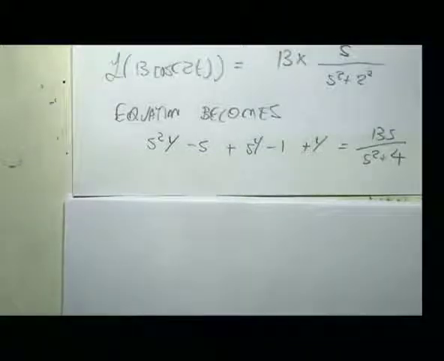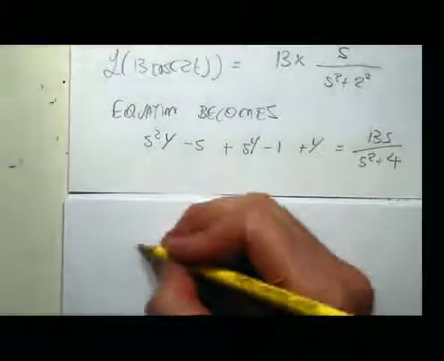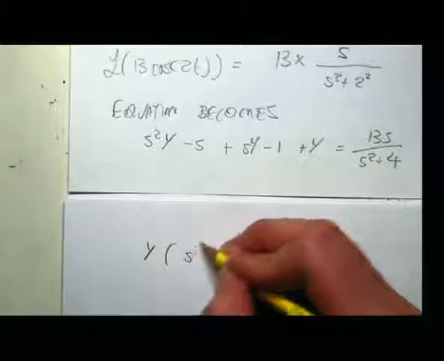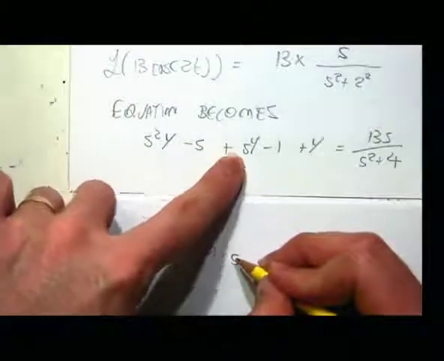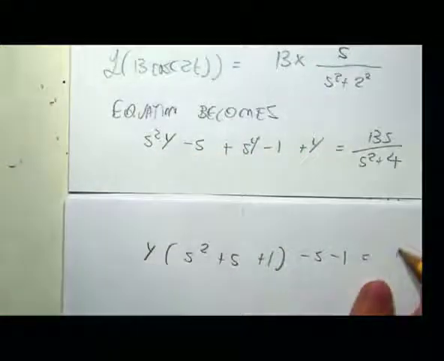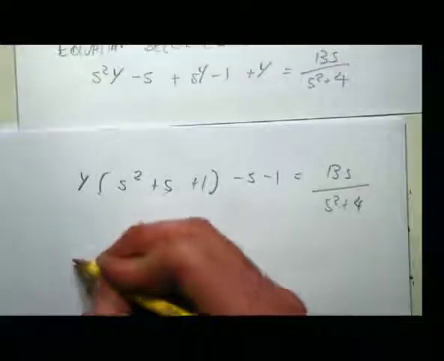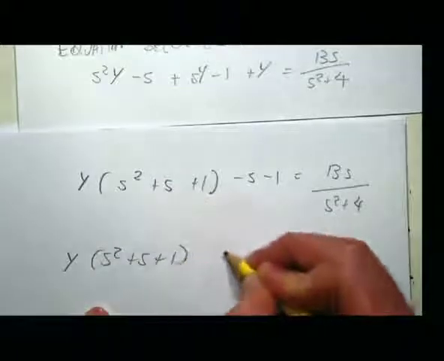So presumably I should sort of simplify that. So let's see. We've got a Y there, we've got an s squared and an s and a 1. We've got a minus s minus 1. S squared plus s plus 1.